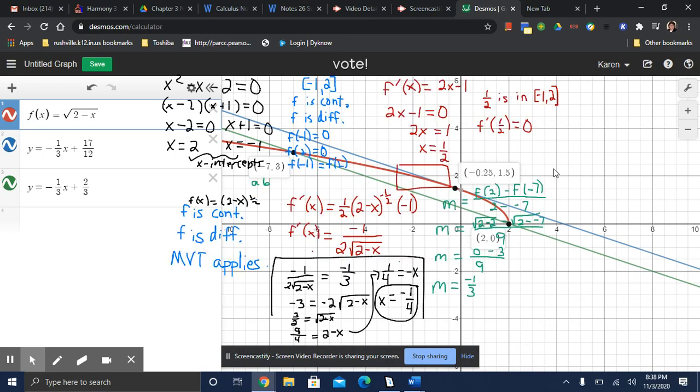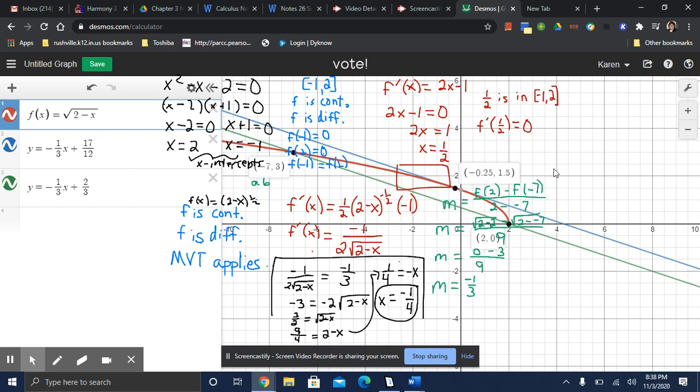So I wanted to show you with this last problem what you found. So you found that you had a slope of -1/3 for the line that connected the two endpoints. So keep that in mind.